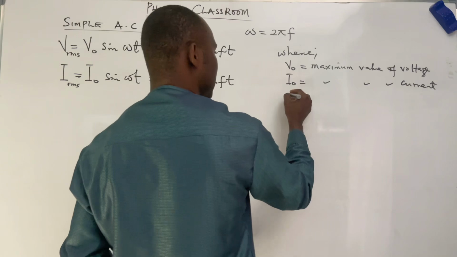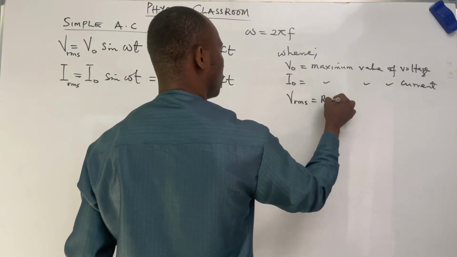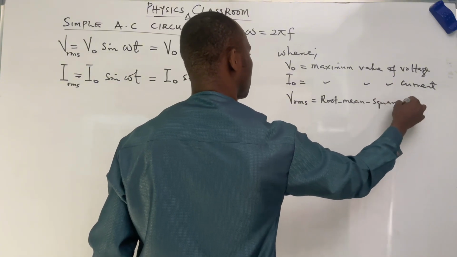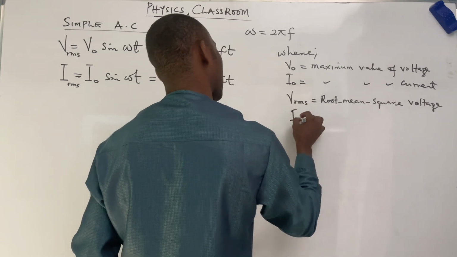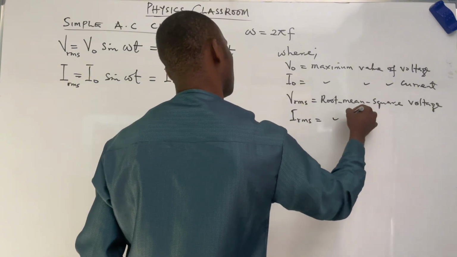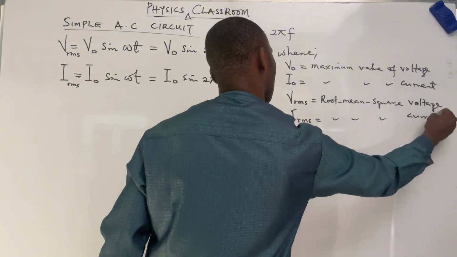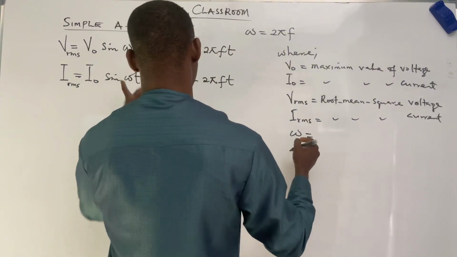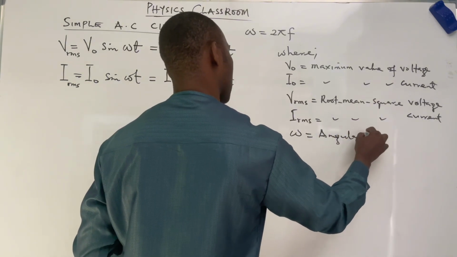So you can have it like this. V RMS is equal to root mean square voltage, while I RMS is equal to root mean square current. What else? Omega. In this regard, it connotes angular velocity.